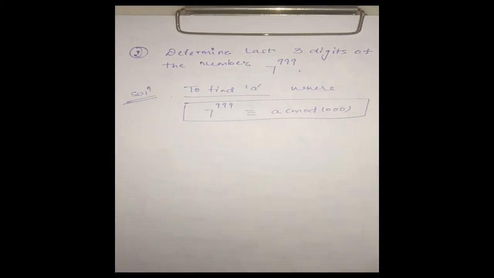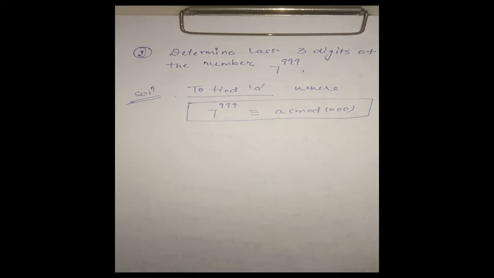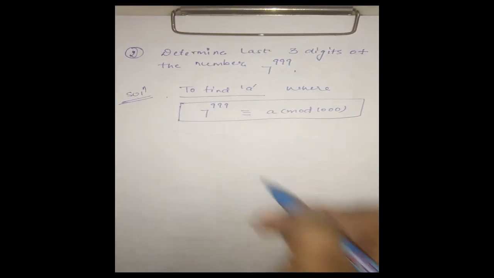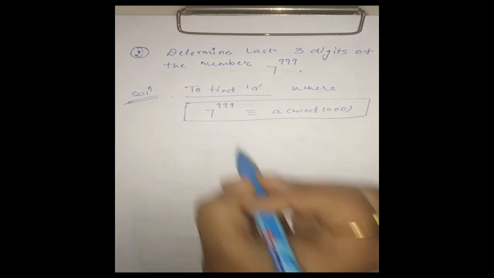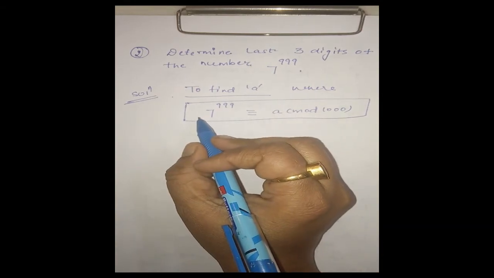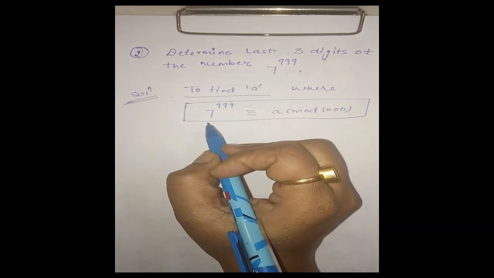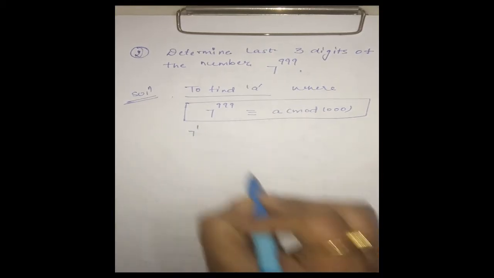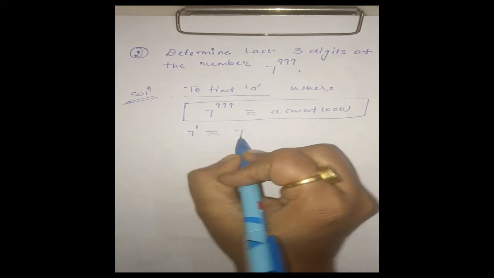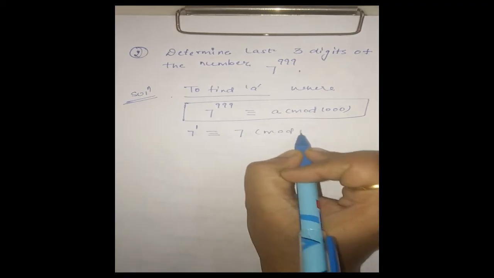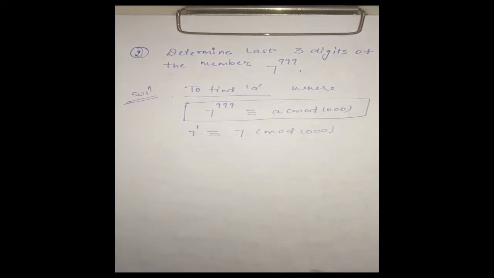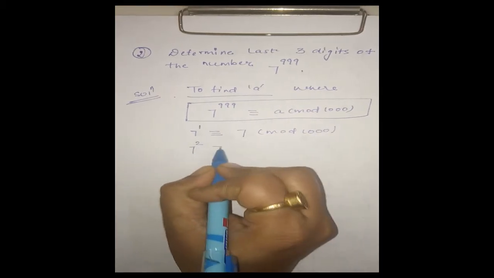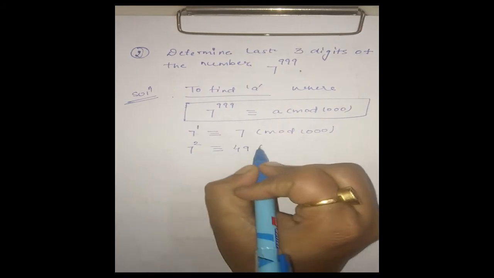Now we will start and try to make a relation, to see if we can make out any sequence in the powers of 7. Start with 7 power 1. Now 7 power 1 is clearly congruent to 7 modulo 1000. 7 power 2 is congruent to 49 modulo 1000.